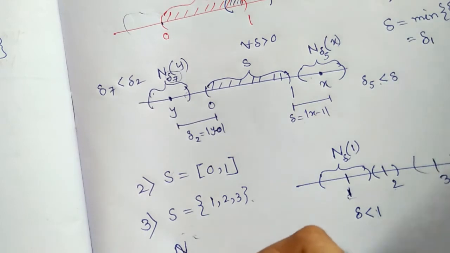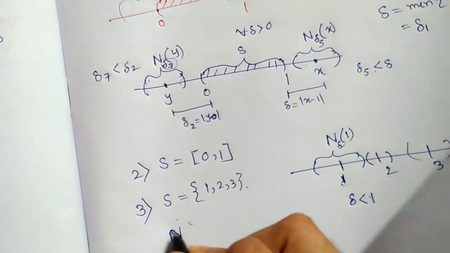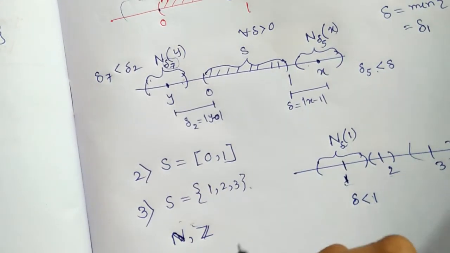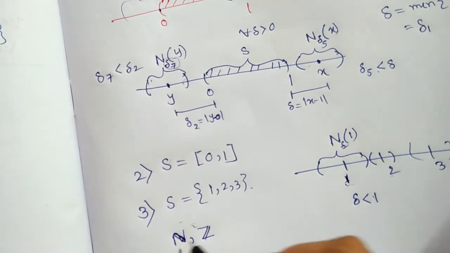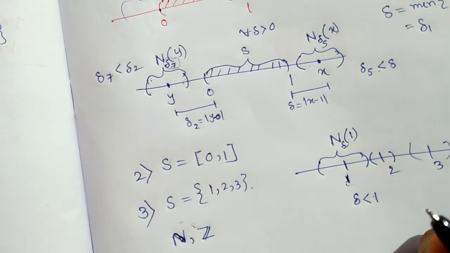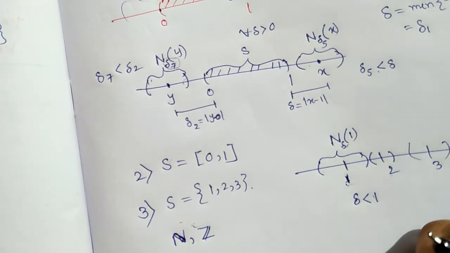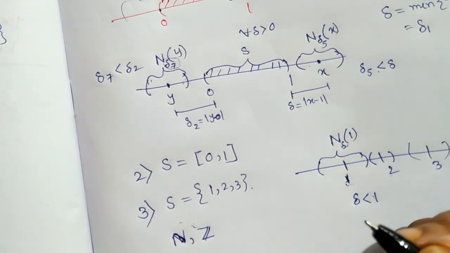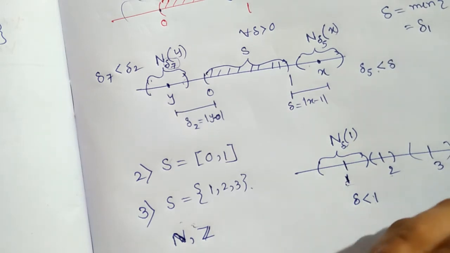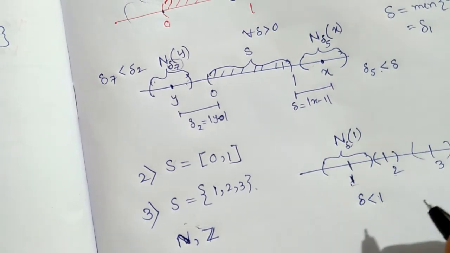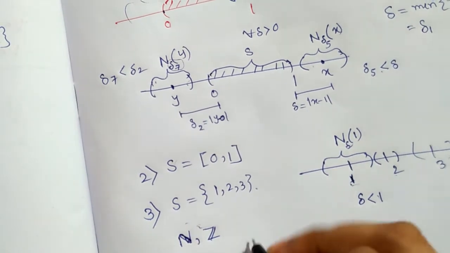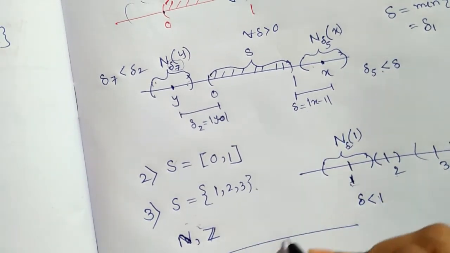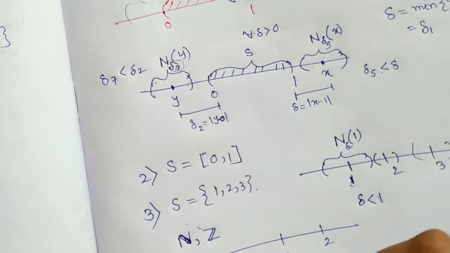Similarly, in case of N and Z, this happens. N is 1, 2, 3, 4 and so on. Z is also like that, along with the negatives of all natural numbers and 0. So in this case also we can argue in this way. Suppose this is 1, this is 2, so there is a gap.